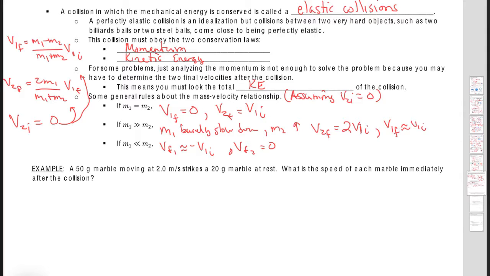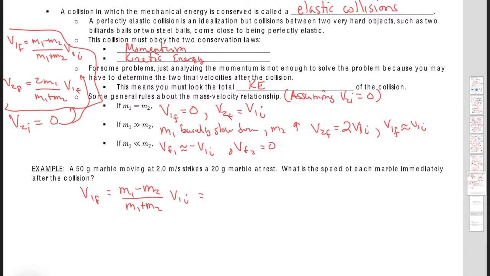Here's a quick example. We will apply these equations to do this problem quickly. Again, this is an equation you need to memorize. You have a 50-gram marble moving at 2 meters per second, striking a 20-gram marble at rest. What is the speed of each marble immediately after the collision? To find v1 final, I'm going to use m1 minus m2 over m1 plus m2, times v1 initial.